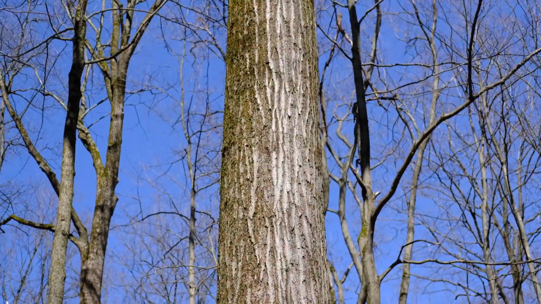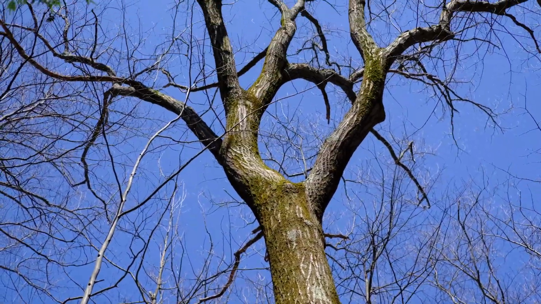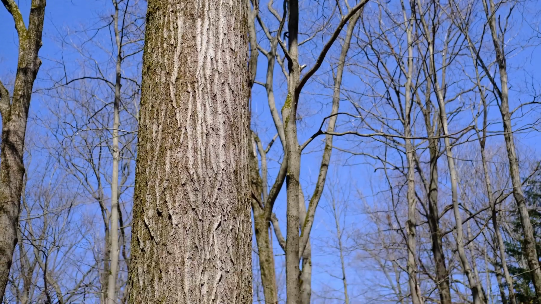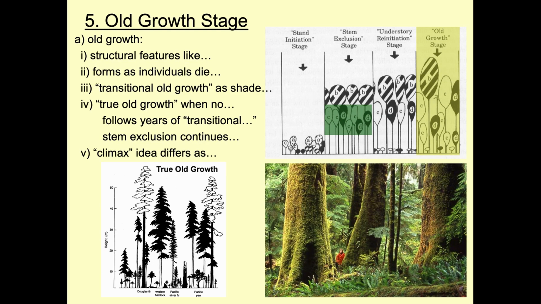Now, the idea of a climax forest differs from that of old growth. The theoretical climax forest has a canopy of shade tolerant, long-lived species under which individuals of the same species become established as seedlings and then grow until they enter the canopy by filling a gap.